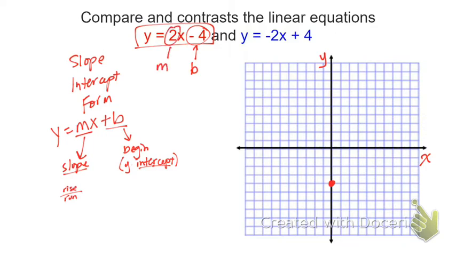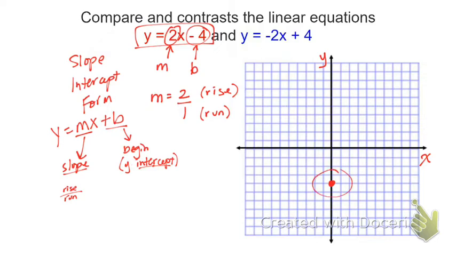Our slope is 2, but it's always easiest to write it as a fraction. So we're going to say m equals 2, and to put that as a fraction, you put it 2 over 1. Okay, so our vertical change, our rise, goes up a positive 2, and our horizontal change, our run, goes a positive 1.